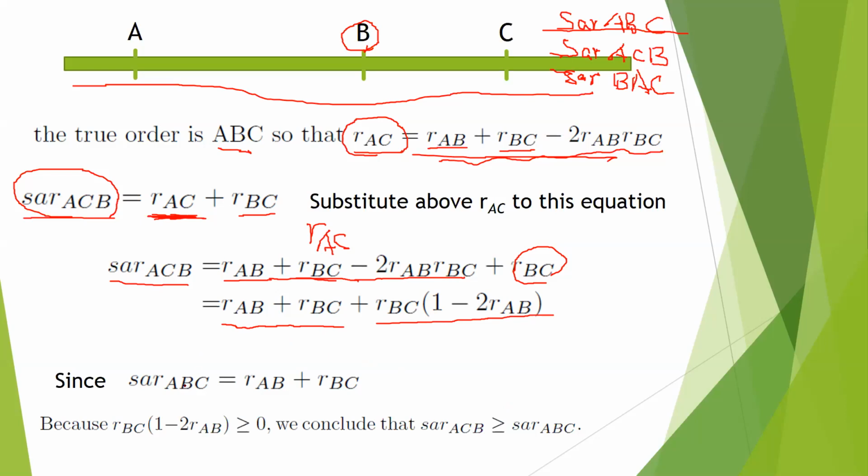And what is SAR ABC? This is the SAR ABC, right? They are the same. And for the SAR ACB, there's an extra term here. So if we want to see which one is bigger, we only need to see if this one is positive or negative, right? Okay, so can anyone give me any idea about this value? Is this positive or negative?